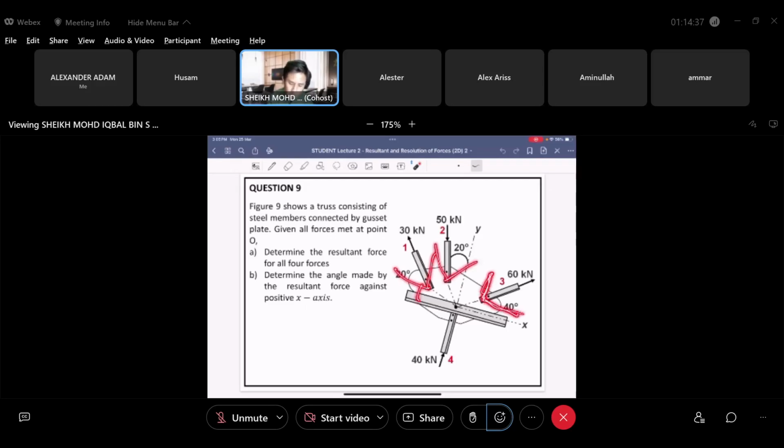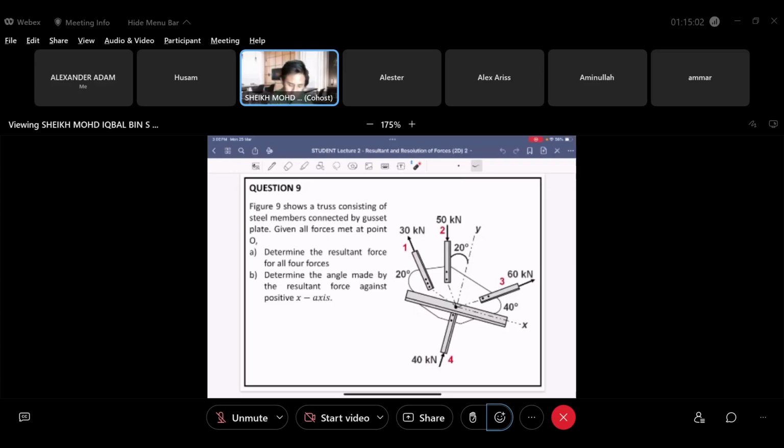Then once you have resolved it, you can straight away calculate one big resultant force from that resolution of forces. So don't worry, even if you have, for example, 10 forces here. If you know the method well, then it's easy for you to do it, no matter how many forces there are. Just do it one by one.